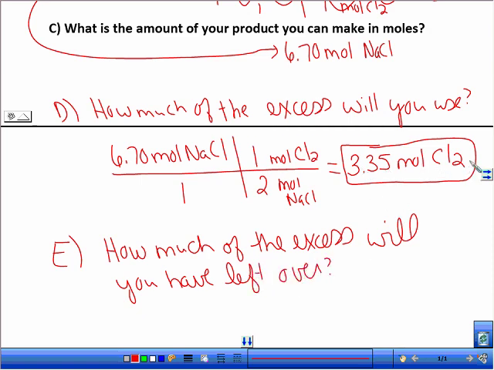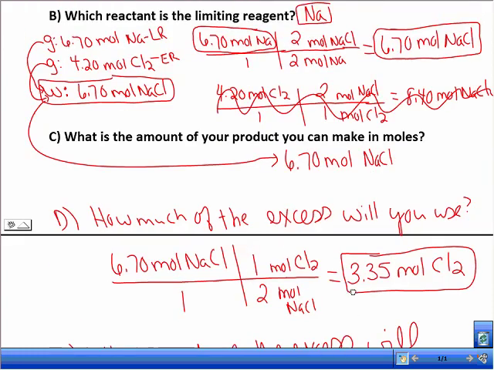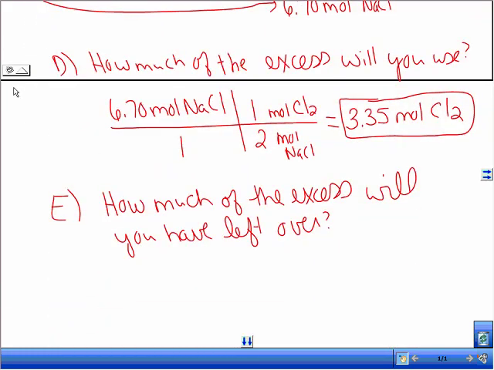Well, 3.35 is going to react. If we go back and look, this is moles of chlorine. We were given in the beginning, I've already forgotten, what, 4.2 moles? We had 4.2, so you're going to go back to your given ER. You have 4.2 moles of Cl2.